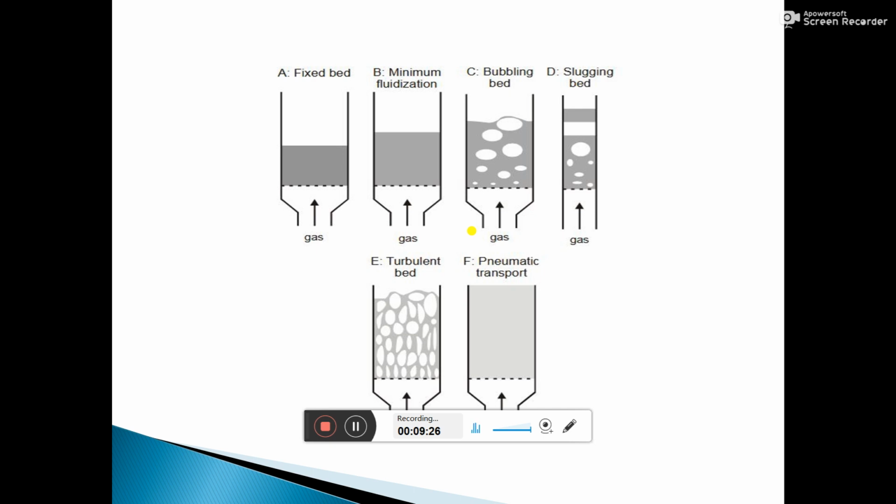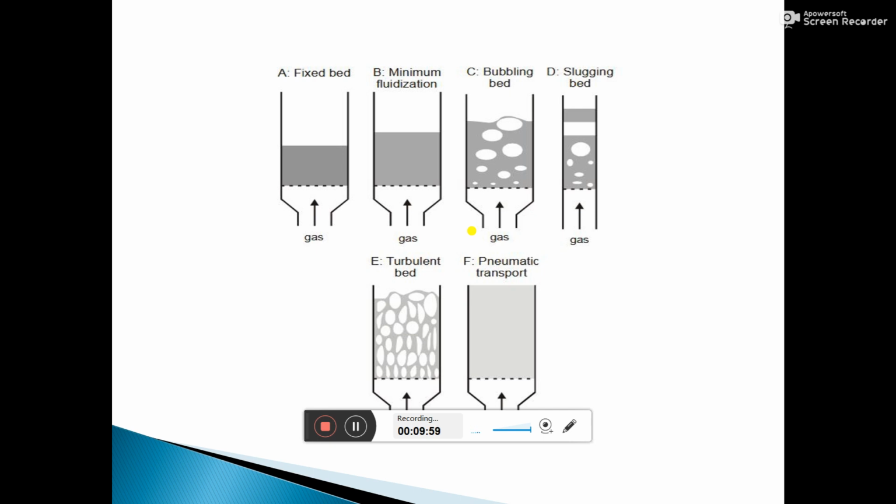In a slugging bed, these gas bubbles collapse and become a continuous gas volume, and it moves upwards. That's a slugging bed. In a turbulent bed, there will be a large amount of gas bubbles, and it will bubble in an uncontrollable manner.